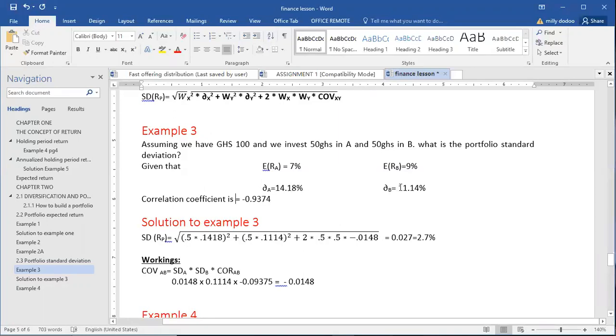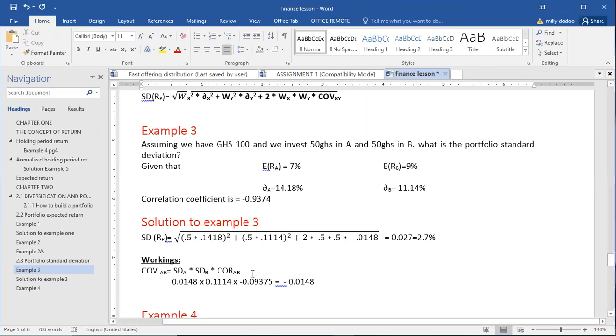Standard deviation of B is 11.14. So the 14.8 multiplied by the 11.14 multiplied by the correlation coefficient between A and B will give me negative 0.1418.